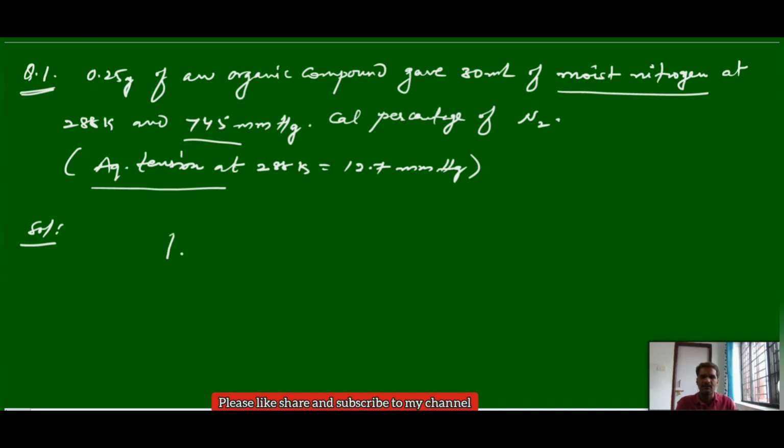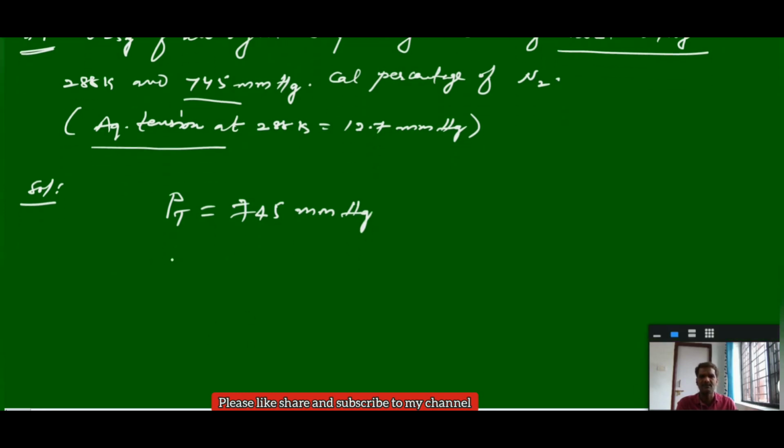Now P total is given 745 mmHg, means nothing but pressure of nitrogen plus pressure of water, the aqueous tension. First we have to calculate pressure of nitrogen, that is 745 minus 12.7, that can give 732.3 mmHg.